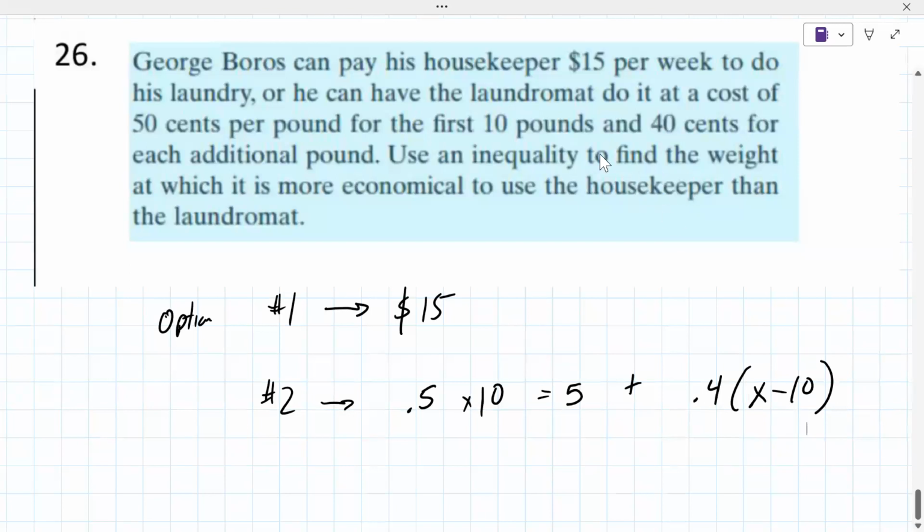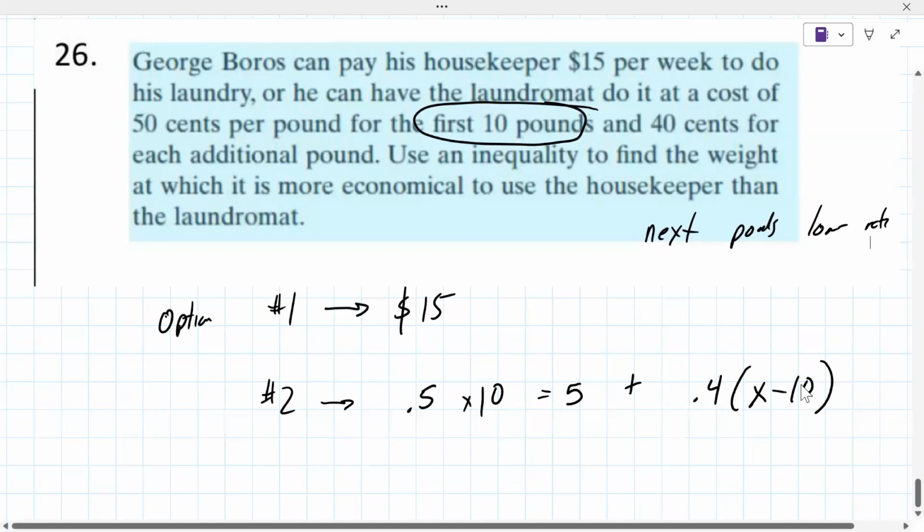Whenever we saw this in an earlier problem, whenever there's this kind of break point, you're always subtracting it from the variable. Wait, why is it x minus 10 again? The first 10 pounds are at a different rate, and then the next however many pounds are at the lower rate.